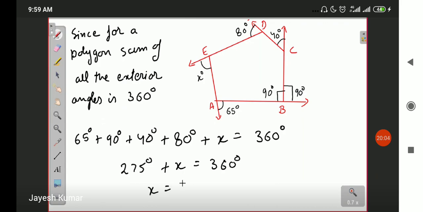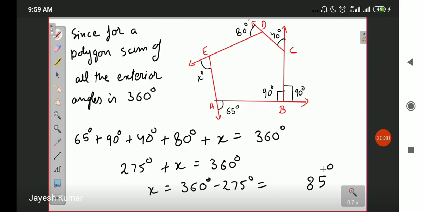So X will be 360 degrees minus 275 degrees, which is 85 degrees.